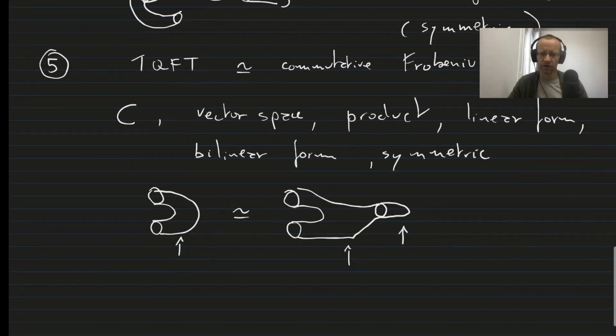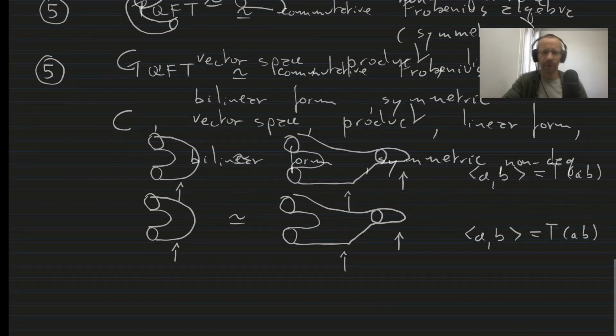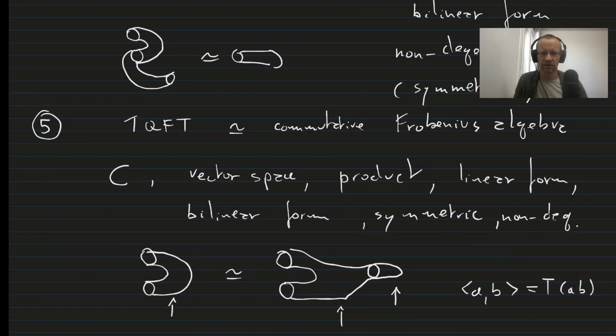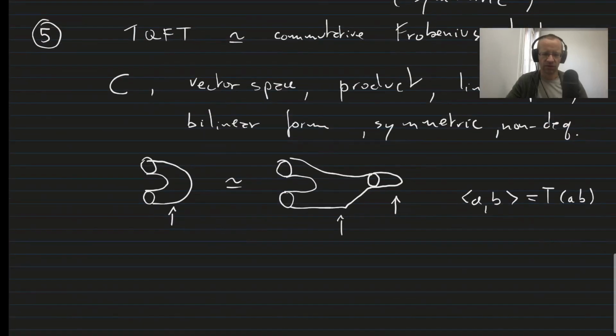In other words, (a,b), where a and b are elements of C, is equal to the linear form, let's call it T, evaluated on the product. That's what we see from this drawing. All of the properties that we listed indeed make C into a commutative Frobenius algebra, which is what we wanted to prove.